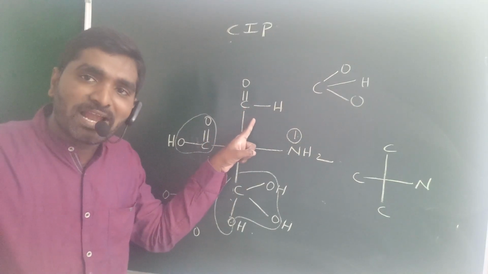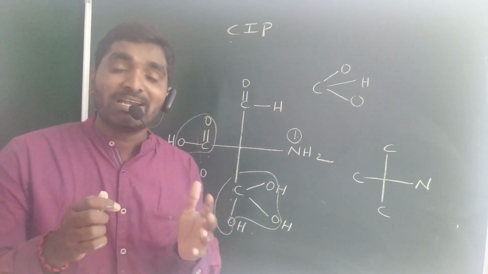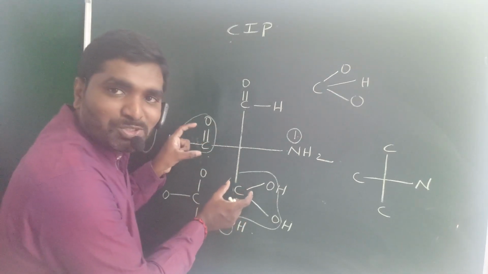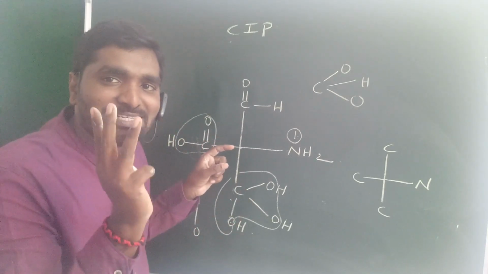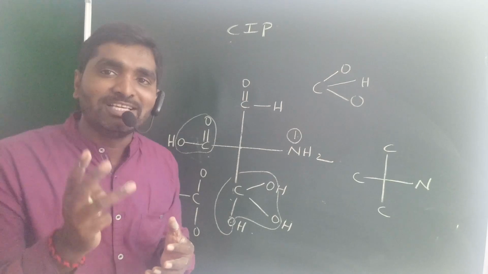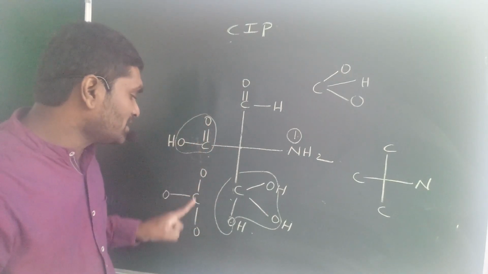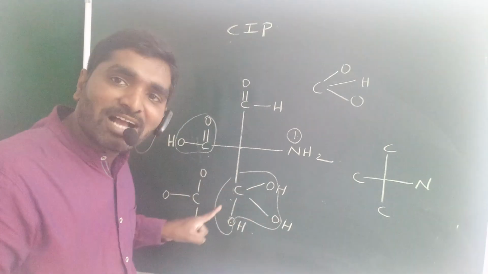Compared with 2 oxygen atoms, 3 oxygen atoms is the better option. But our problem is that these two groups may have the same 3 oxygen atoms. The left side carbon is bonded with 3 oxygen atoms, and the below the plane carbon is also bonded with 3 oxygen atoms.